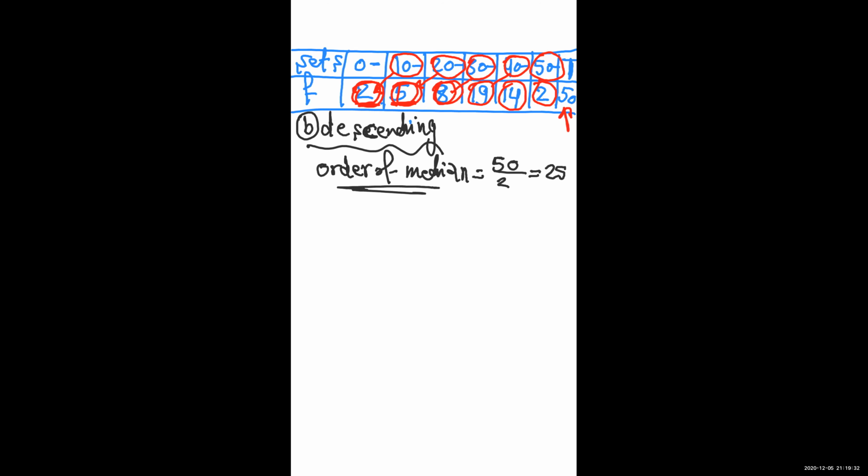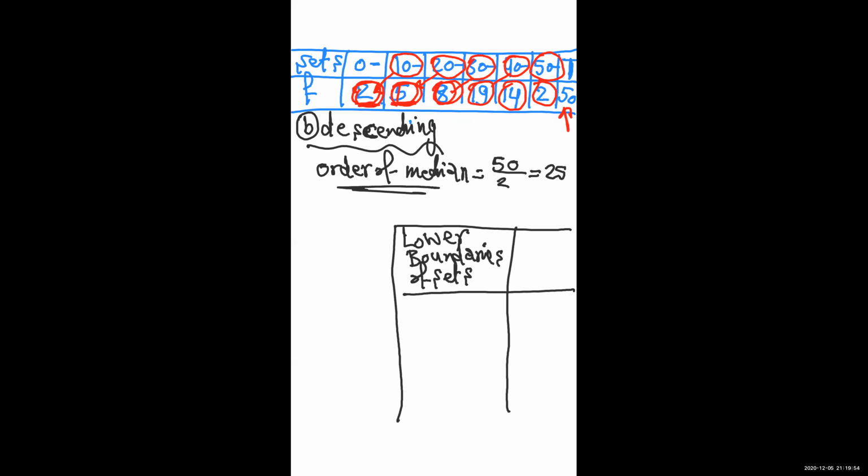Okay, so now it's descending, so the lower boundaries of sets, and then frequency. So now, guys, we said that on the lower: 0 and more.